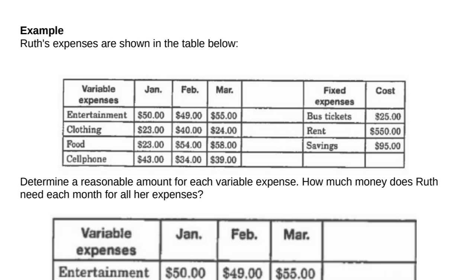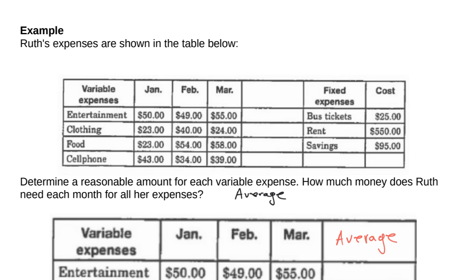Now, the biggest issue is finding some number that represents the amount of money that we spend monthly. So we're going to have to determine a reasonable amount for each variable expense. In order to do that, we have to use a thing called the average.